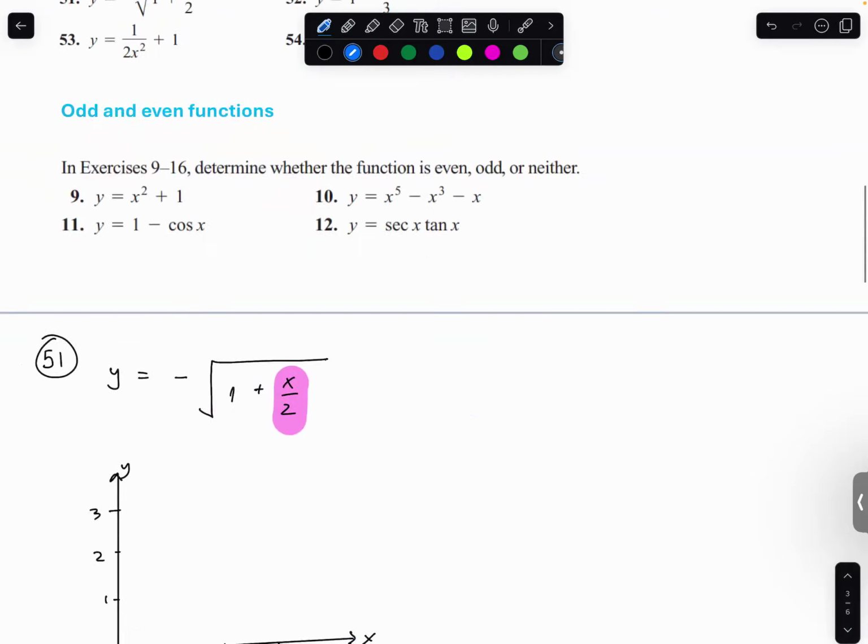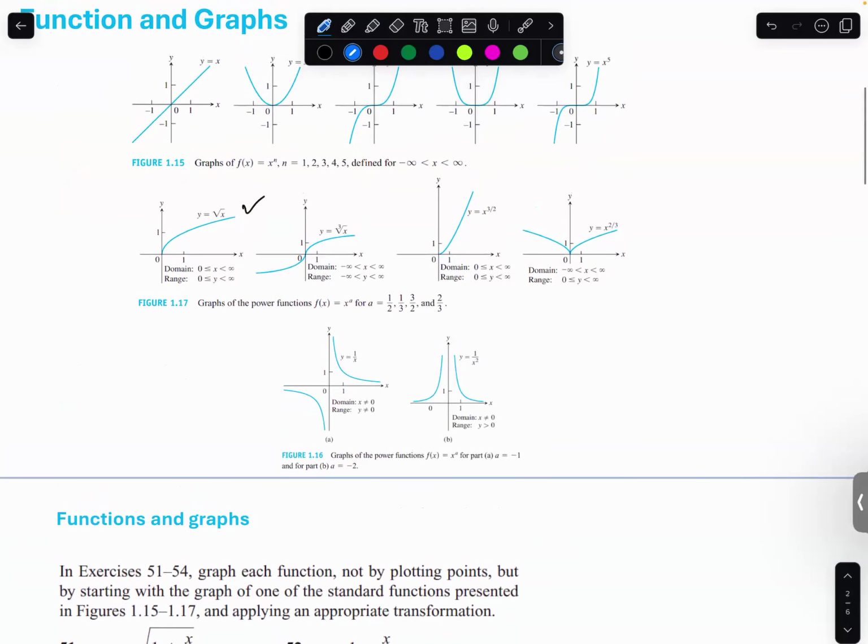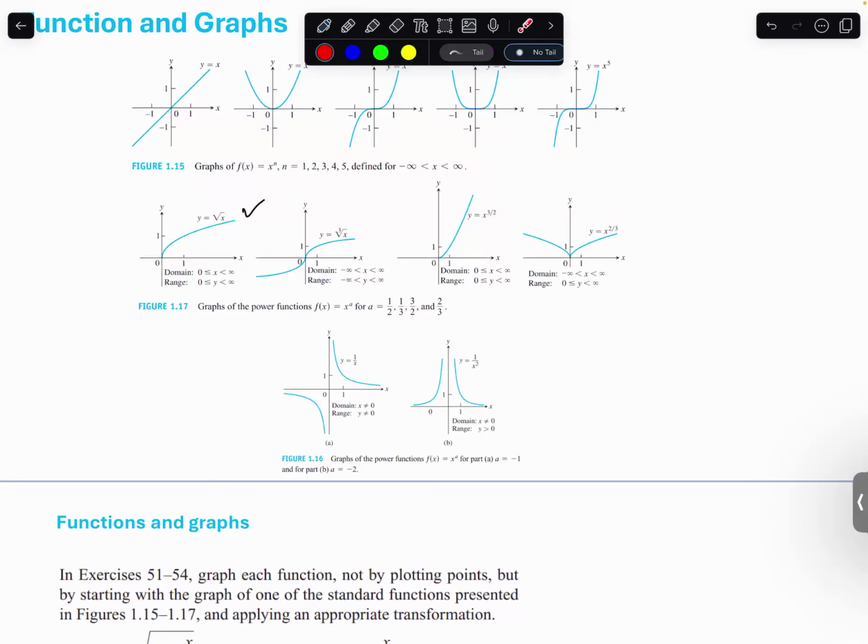You can see it from the first page. This right here is the graph of y equals 1 over x squared.